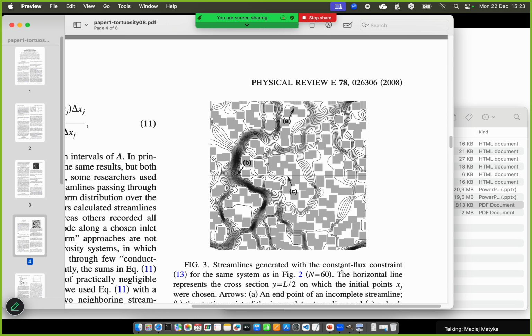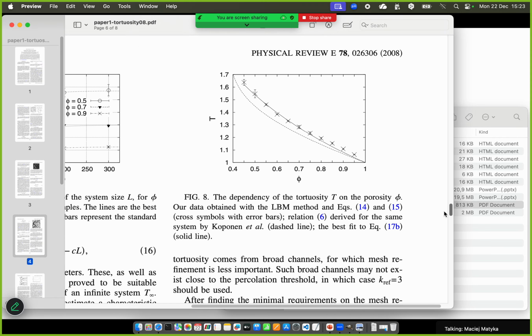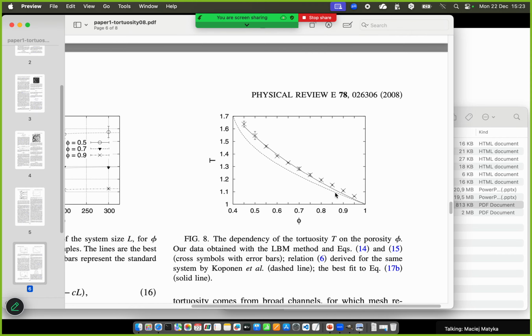And then I could plot a function that tells you what this tortuosity is as a function of porosity, and the result is here. On the x-axis you have porosity, which means that if porosity is 1, there are no obstacles at all.